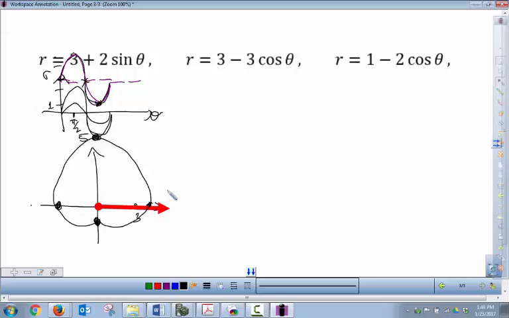Oh, doesn't that look cute? Dented circle. Wow. It's not as nice as saying it looks like a heart.